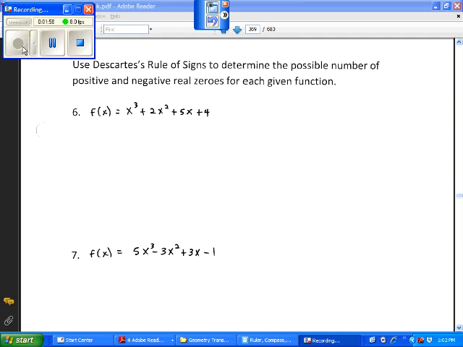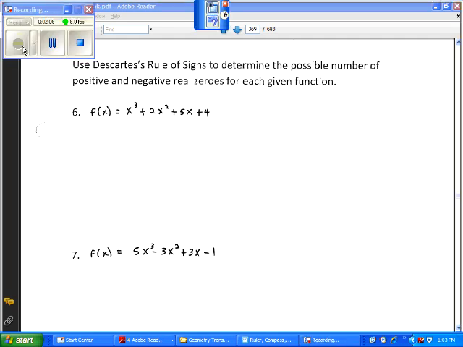So we want to know the number of possible positive and possible negative real zeros. The way we're going to do that is to find the sign changes. When we look at the number of sign changes in these terms, we have 4 terms.